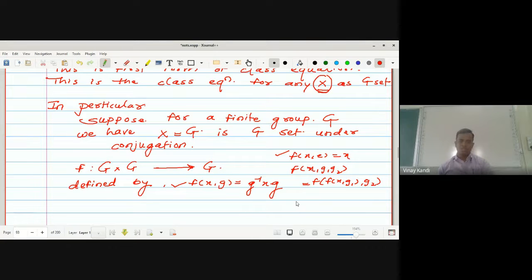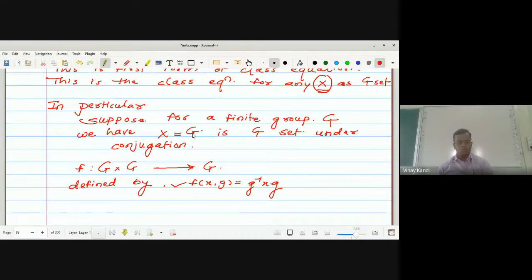Okay, so under the conjugation, this map is nothing but the conjugation map. So under the conjugation map, the group G itself is a G set.